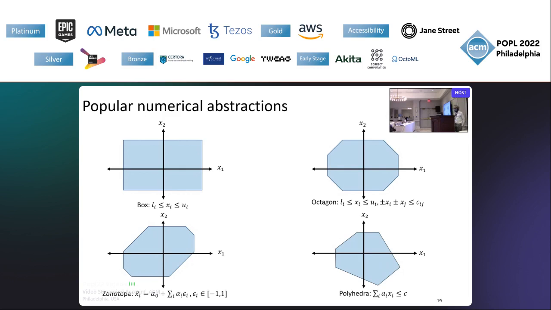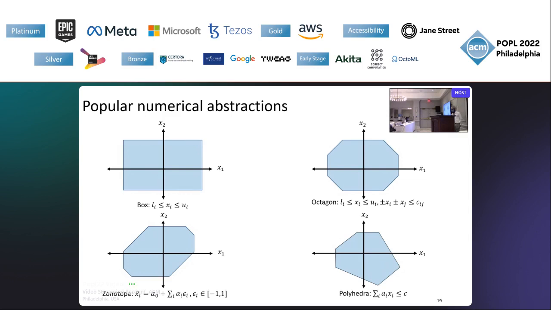But in the case of neural networks, you don't have to worry about convergence, at least for the common architectures. So you can use zonotopes. The nice property about zonotopes is that they can capture affine transformations exactly and very cheaply compared with polyhedra. And then we have been designing custom zonotope approximations for ReLU.